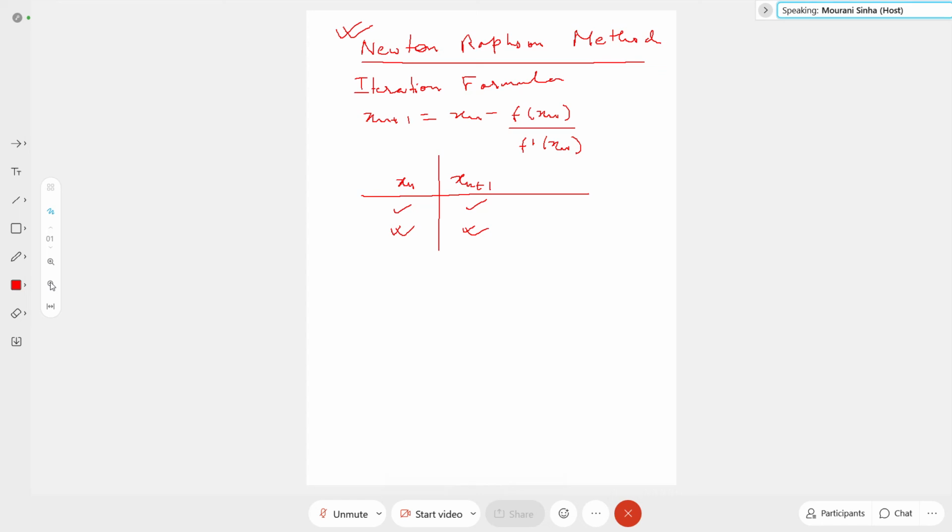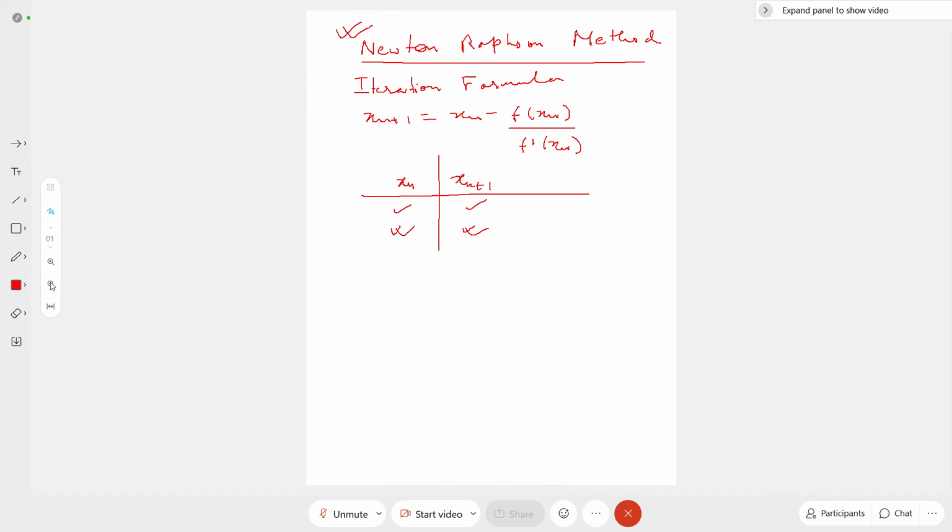So the iteration formula is so simple. Nothing you have to think of negative, positive, this, that, nothing. Okay. So you have the given xn value, and from the iteration formula, you get the next xn value. That is xn plus 1. So just two columns are needed. You don't need much more than that.